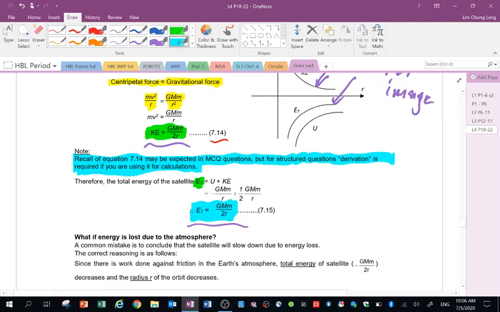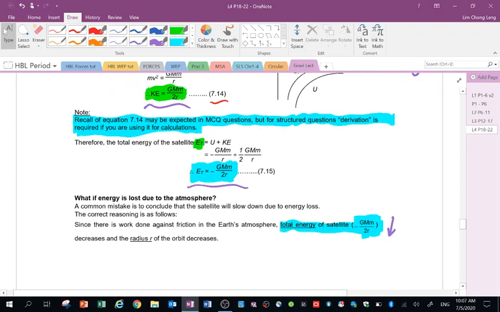Okay, look at this equation, which is the total energy equation. When this total energy decreases, it simply means that it becomes more negative, right? How to make it more negative?